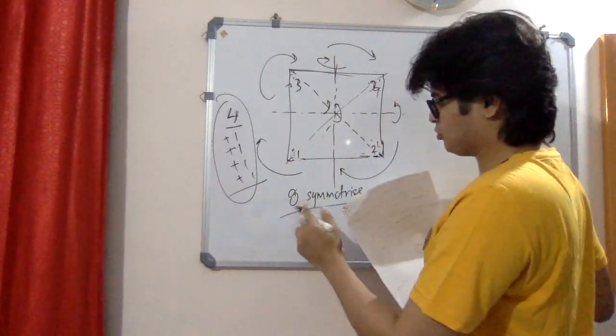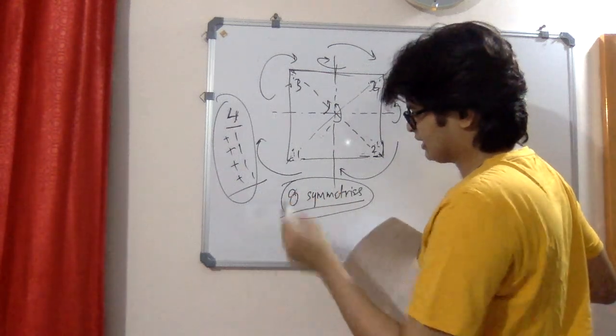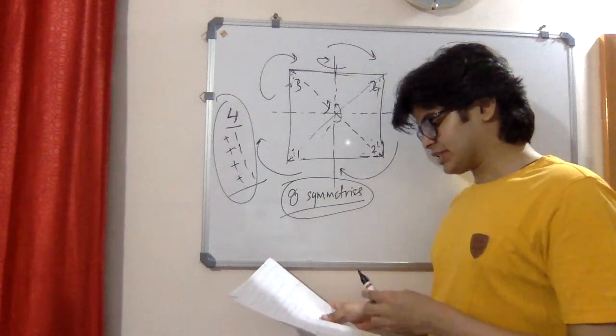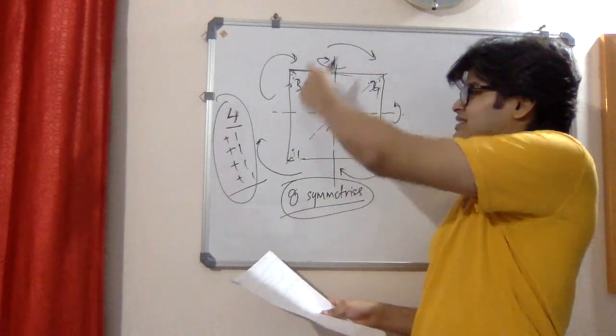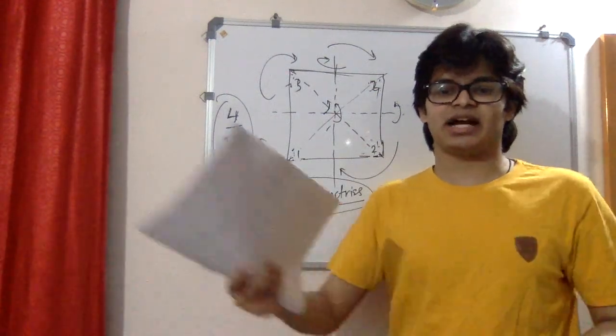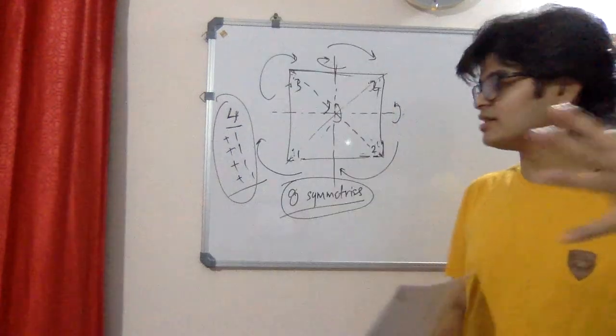So the symmetry group of this square would have 8 symmetries as its objects, which means these are transformations happening where the coordinates are swapping places with each other and shifting around from one place to another.